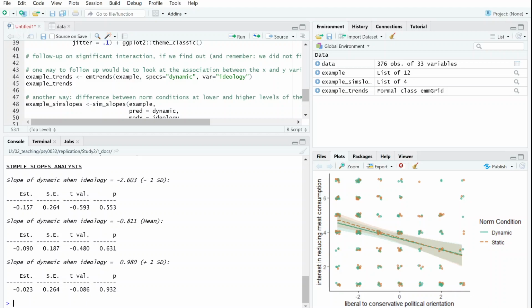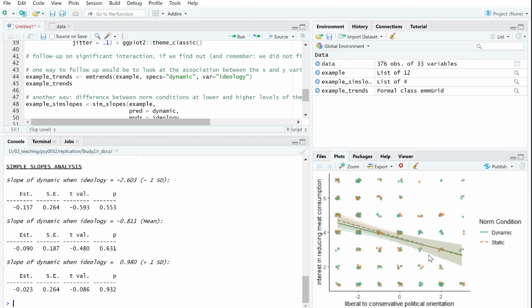So the point of this is that what we're doing is looking at the effect of norm condition at different points along the values for political ideology. If that had been a significant interaction, then what we might have found is that the norm condition effect was maybe significant for people on the liberal side of this scale, but not for people on the conservative side of the scale.